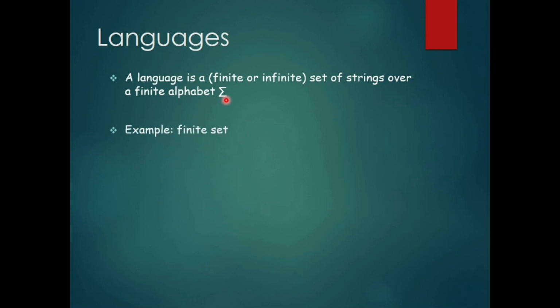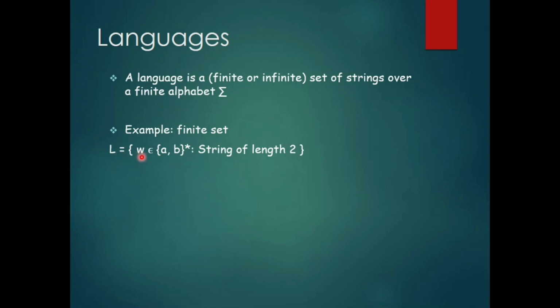As the definition says, a language can have a finite or infinite set of strings. Let us see the finite set. This is the way I can define a language. L is the language I'm going to define.